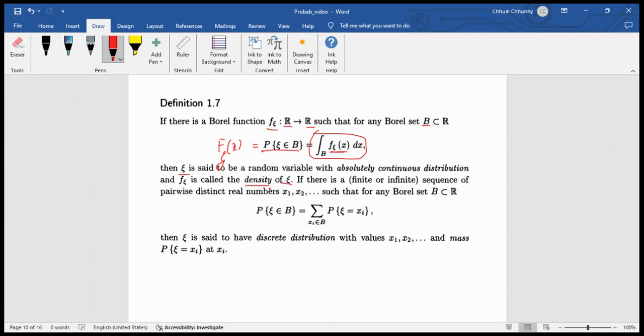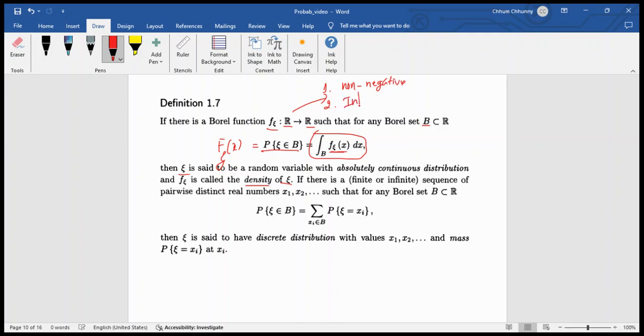The density is not just a Borel function, it also has some properties. The first property is that f has to be a non-negative function. Another property is that it has to be Lebesgue integrable, as I mentioned in the previous video.